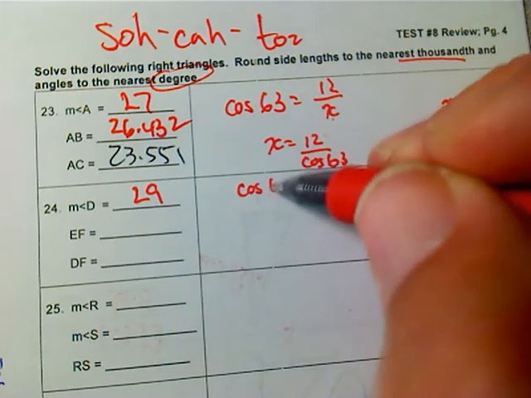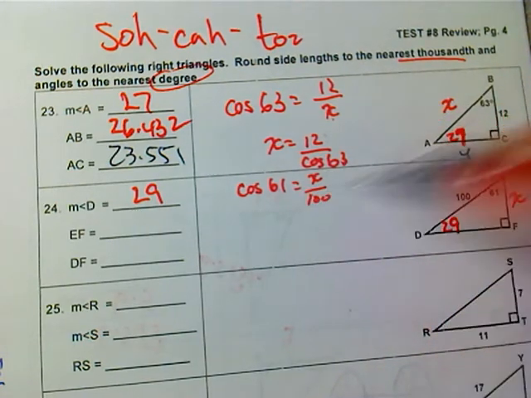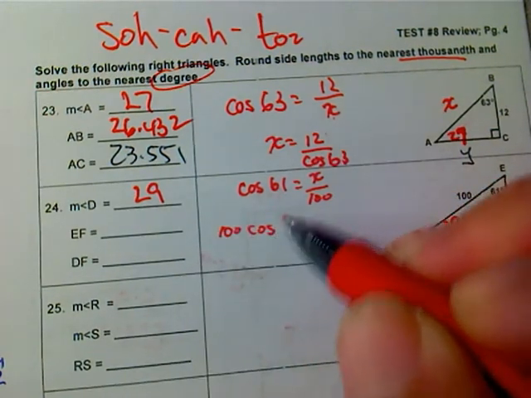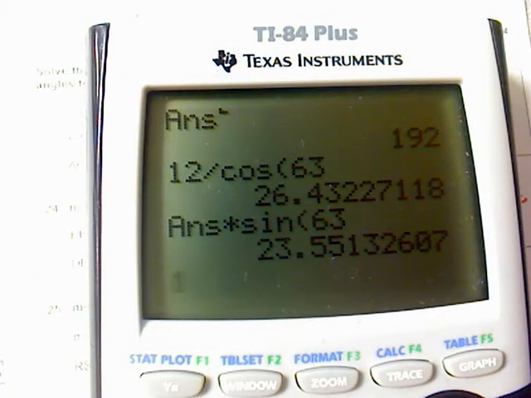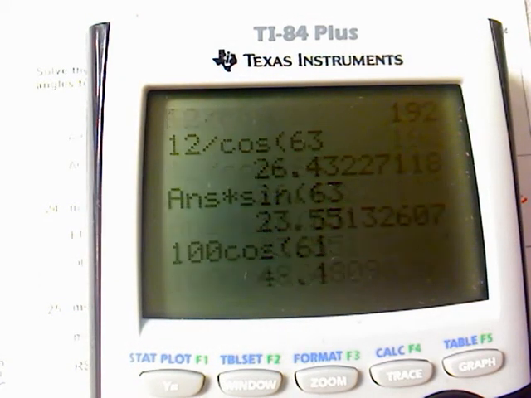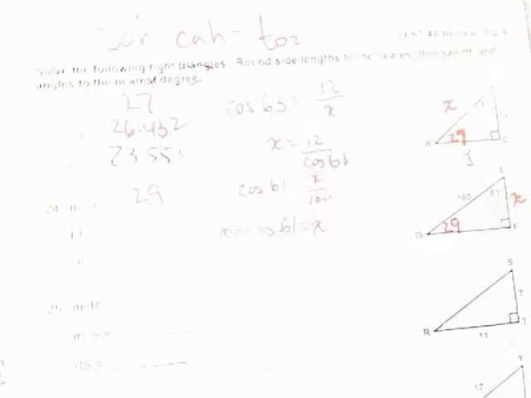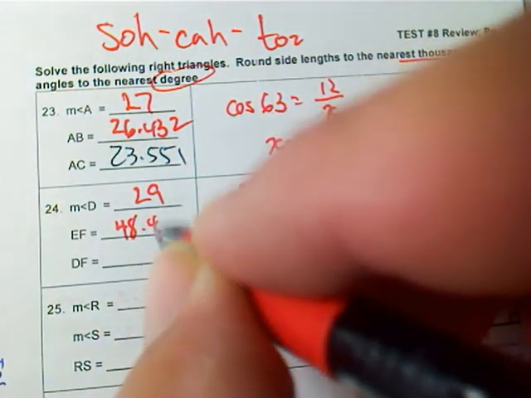The cosine of 61 is adjacent over hypotenuse. And maybe you can see that's going to be 100 cosine 61. So on my calculator, 100 cosine 61, 48.481. That's EF, that's this one, 48.481.